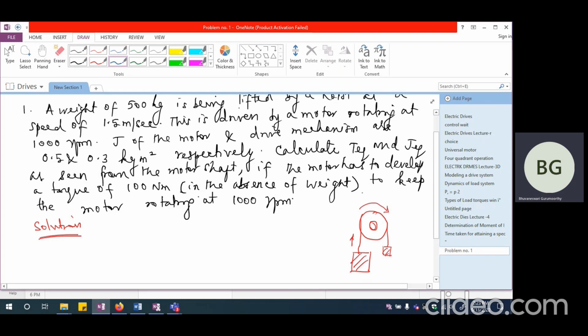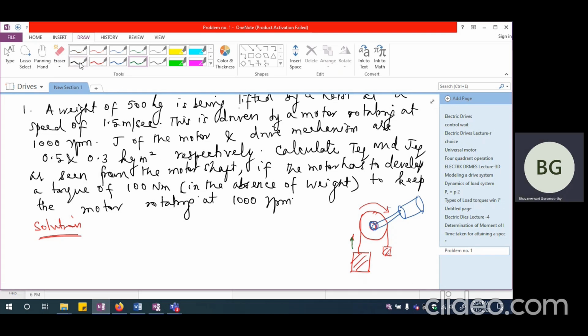And to this shaft, you are going to attach the motor. So the motor is going to impart power by rotating this middle shaft, and through which this pulley is going to rotate, and that is going to cause the movement of this weight up and down. So this is going to go up or down depending upon whether the pulley is rotating in clockwise direction or anti-clockwise direction. This is the kind of mechanism you're going to see.